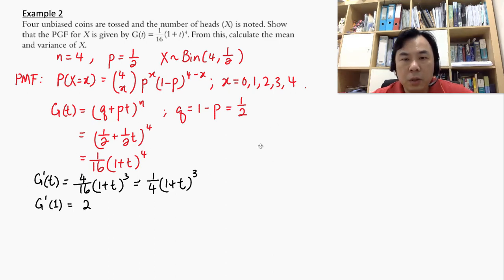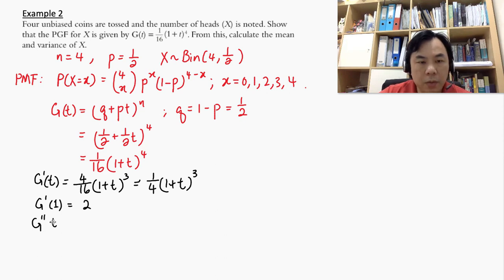Now, secondly, we're going to obtain our second derivative. Maybe I'll write down my second derivative over here. It'll be easier. My second derivative would be quite easy. I just need to differentiate this one more time.